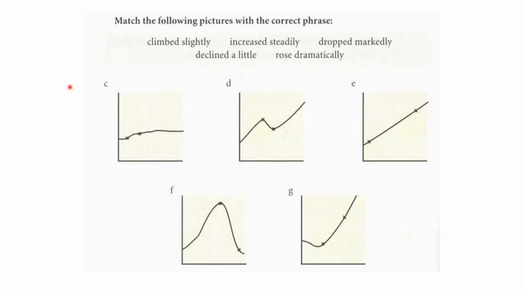All right. Let's see. This one is increase. It's the same as climb or rise, but it is slight. You can say climbs slightly. And this one is increase steadily.